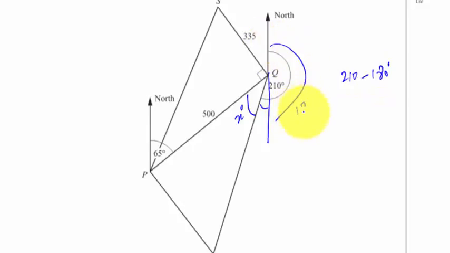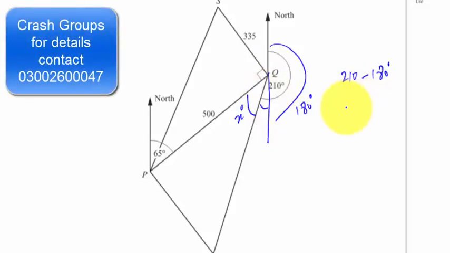The total angle is 180 degrees and the total angle is 210.